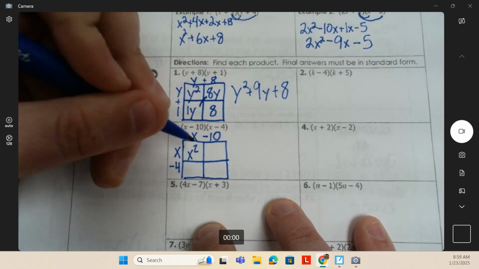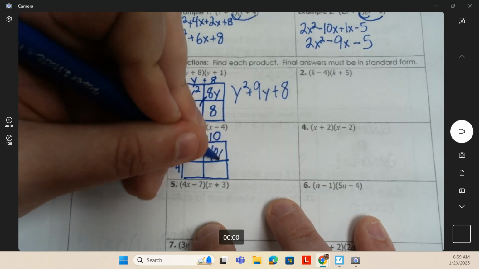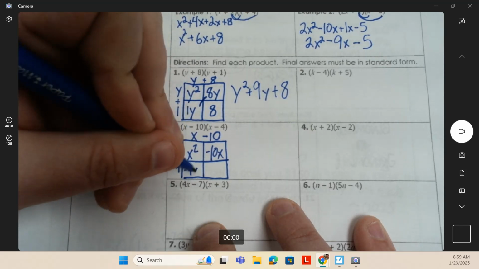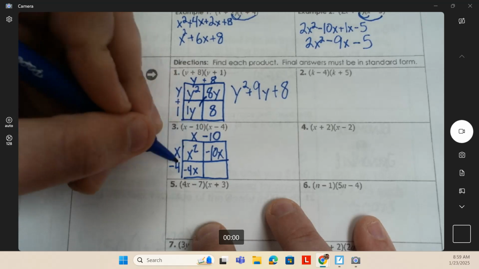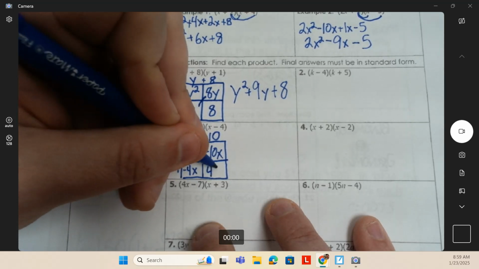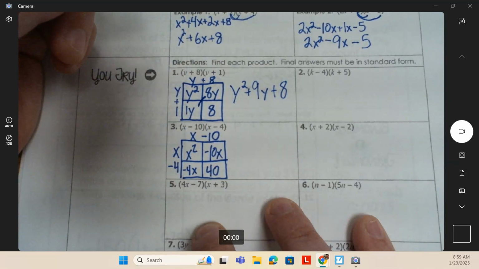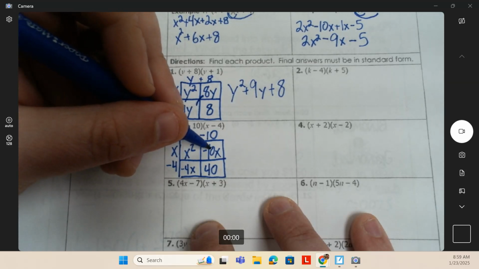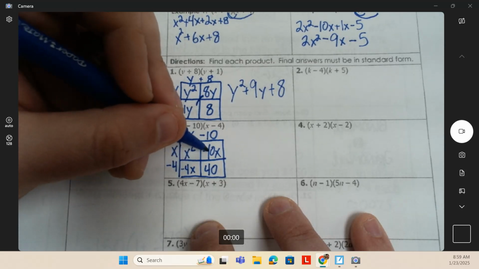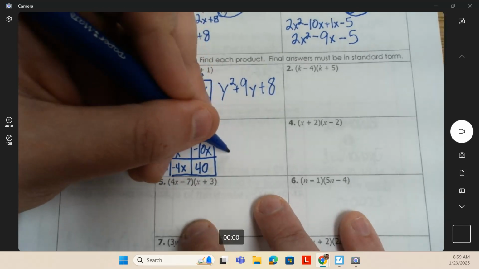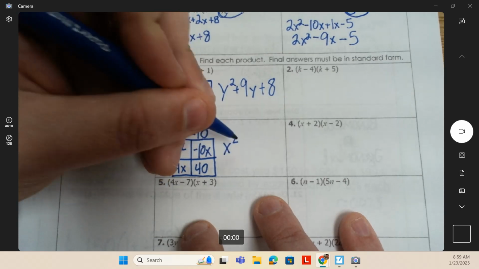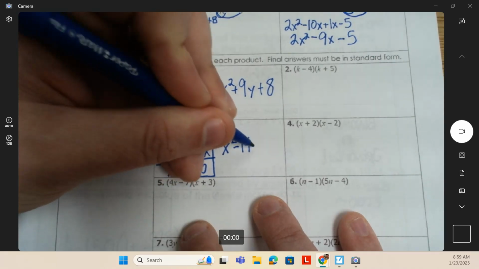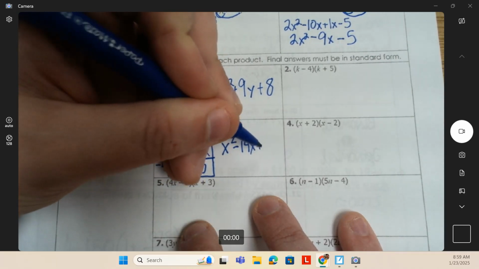That gives me x squared, negative 10x, negative 4x, and negative 10 times a negative 4 gives me a positive 40. So when I combine these, remember we're just adding, so negative 10 and negative 4 give me a negative 14. I end up with x squared minus 14x plus 40.